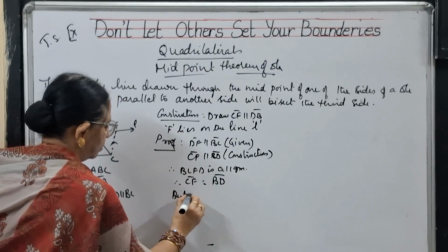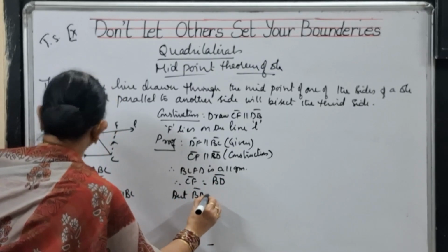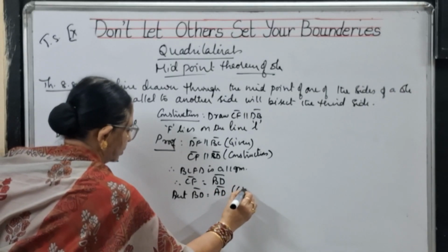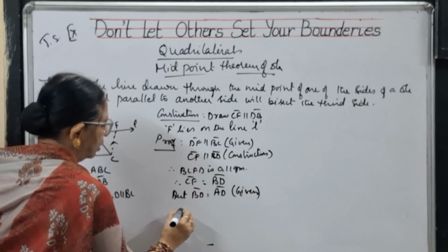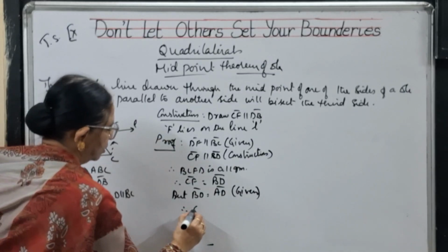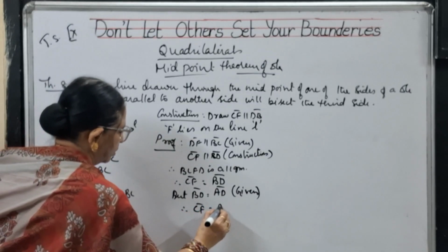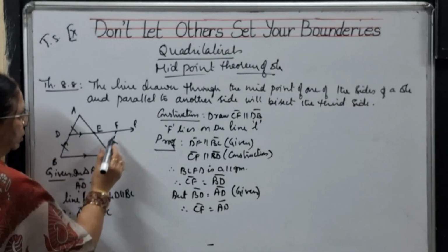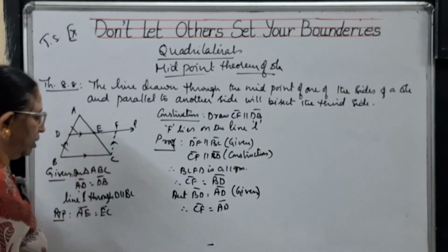But BD is equal to AD, this is given to us. Therefore, what you can say? CF is equal to AD. CF is equal to AD, we have done.